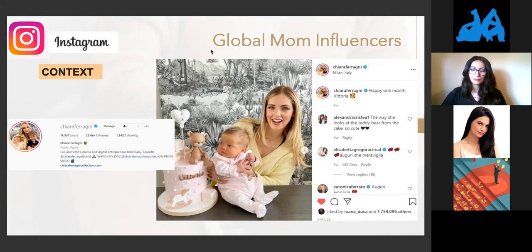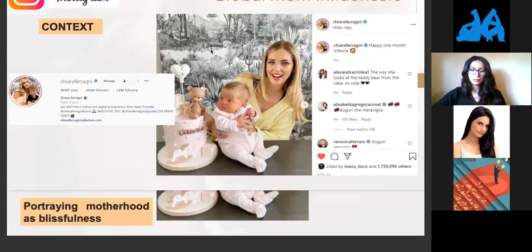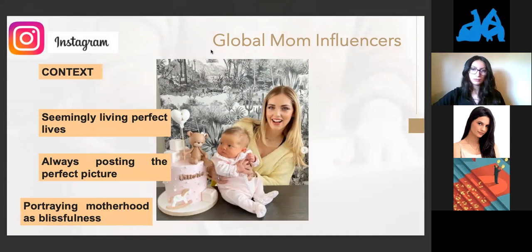She was a model, but now, after being a mother of 2, she also posts about her journey as a mother. Of course, the way she presents reality does influence our perception of the perfect reality she lives. She always posts the perfect picture portraying motherhood as a blissful experience.